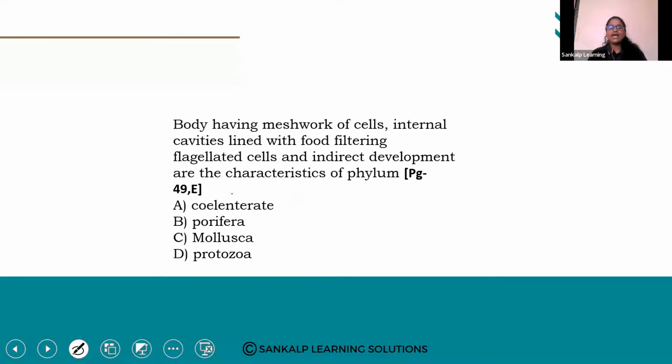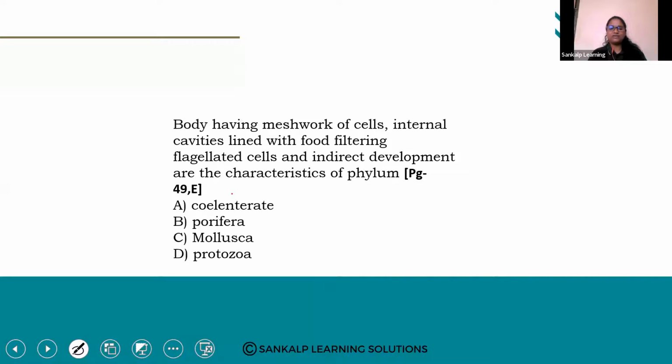Next, body having meshwork of cells, internal cavities lined with food filtering flagellated cells, and indirect development are the characteristics of option B, Porifera.